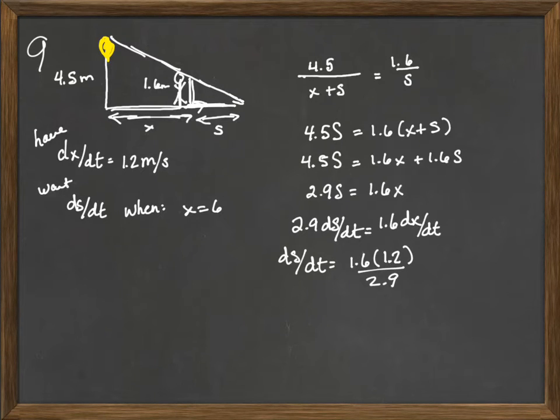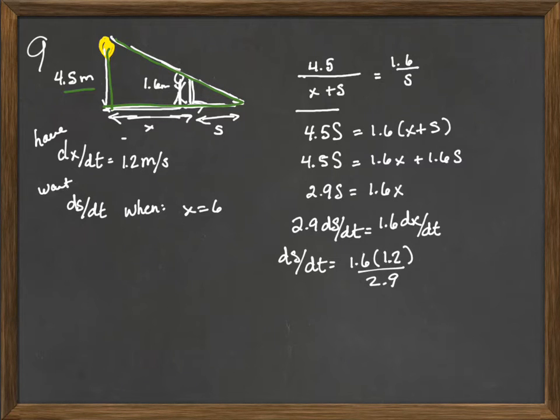With the picture, we can set up similar triangles. So we would take 4.5, which is the height of the lamp, is to the length of this triangle. So let's do it by color. The green triangle is your first similar triangle.